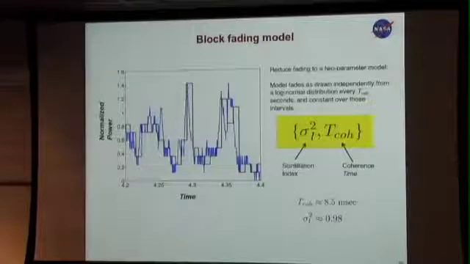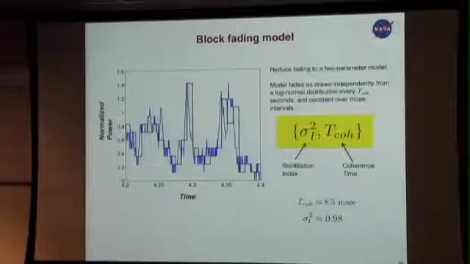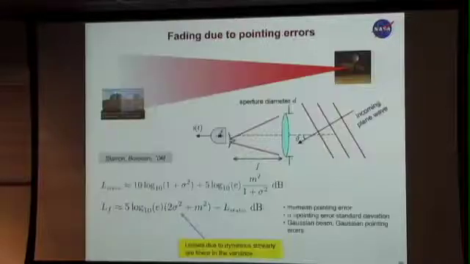So this induces a very simple model for analyzing most scintillation effects, what's called a block fading model, a two-parameter model. You pick a normalized power out of a log normal distribution that has this scintillation index, sigma I squared, and you allow it to last for a coherence time T. Then you flip another random coin at the end of that coherence time and figure out what the amplitude is for the next. Okay?